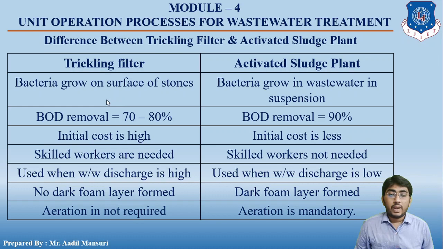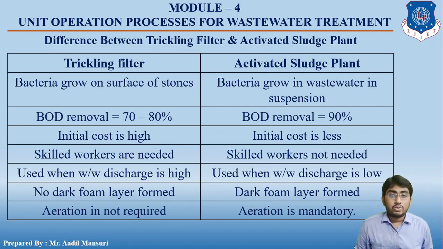The bacteria usually grow on the surface of stones in case of trickling filter, whereas in case of activated sludge plant, bacteria grow in suspension in the wastewater. Trickling filter has a BOD removal efficiency of up to 70 to 80%, whereas activated sludge plant has a BOD removal efficiency of 90%.